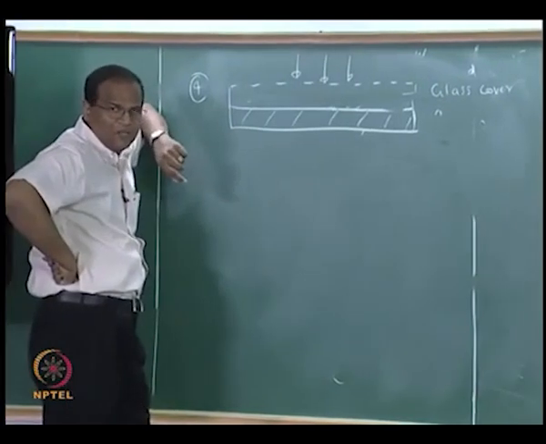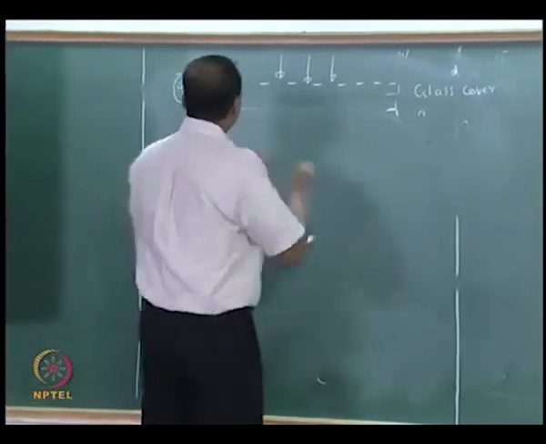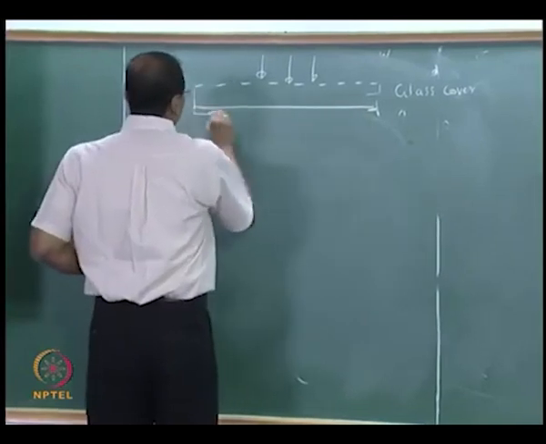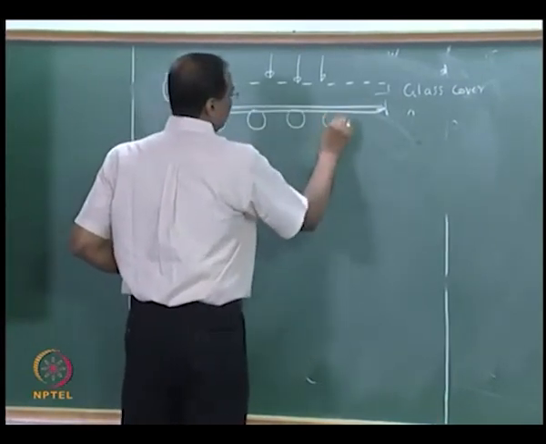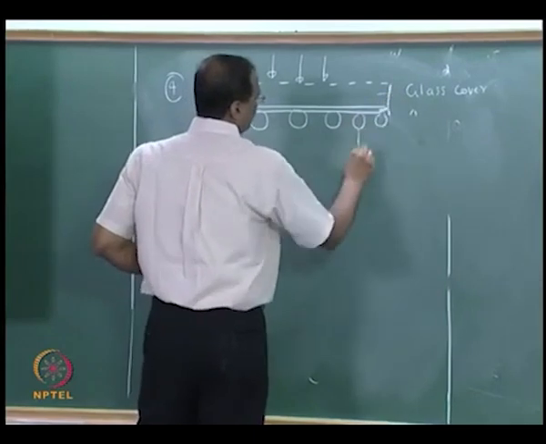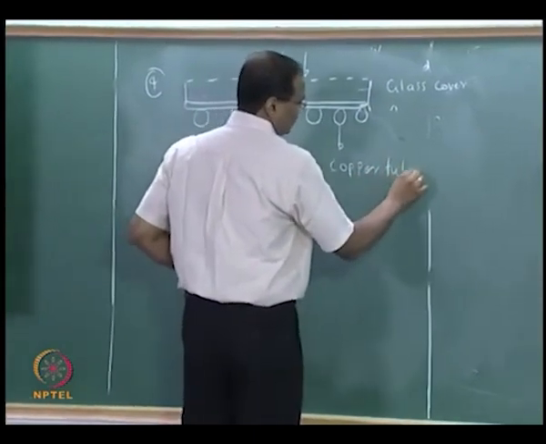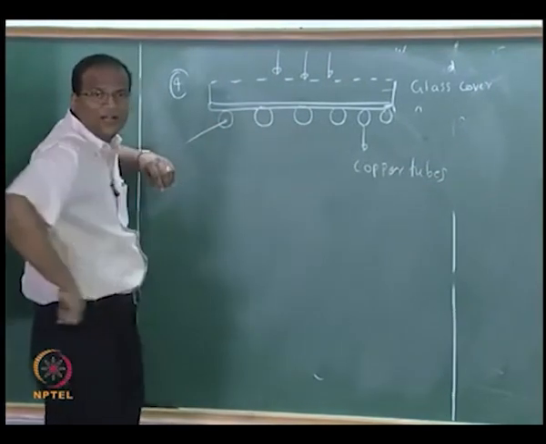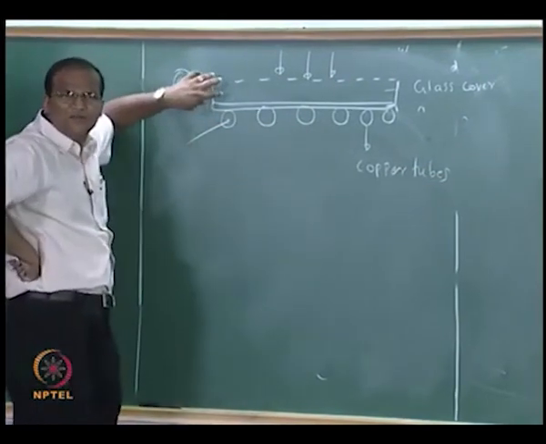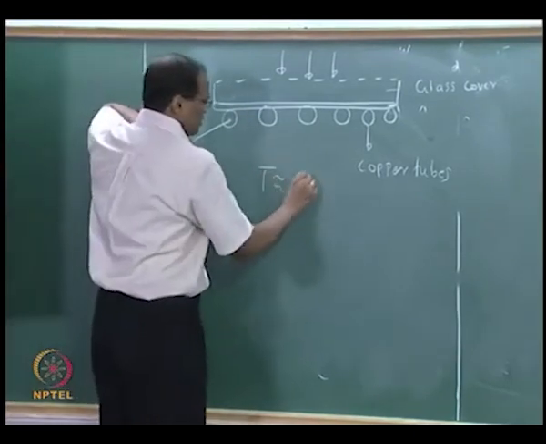Then they make it like this, with copper tubes. In those copper tubes you will send water and then you will get heated water. So the maximum temperature will be around 80 degrees.